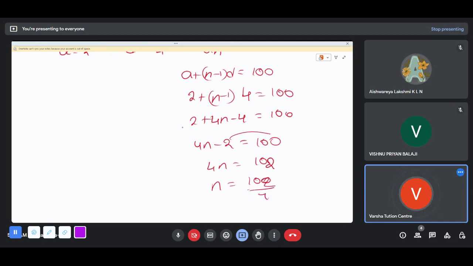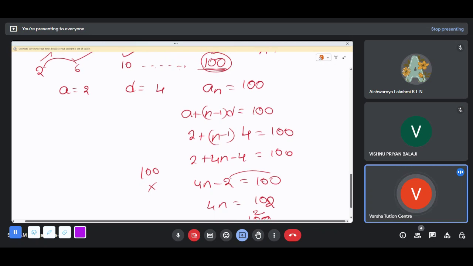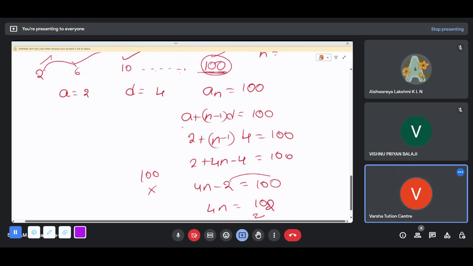Check the 4 table. 4 ones are 4, 4 twos are 8, how much is left? 22. Will 22 go in the 4 table? So what you have to tell is, 100 does not belong to this AP. Understood my sentence? 100 does not belong to this AP.